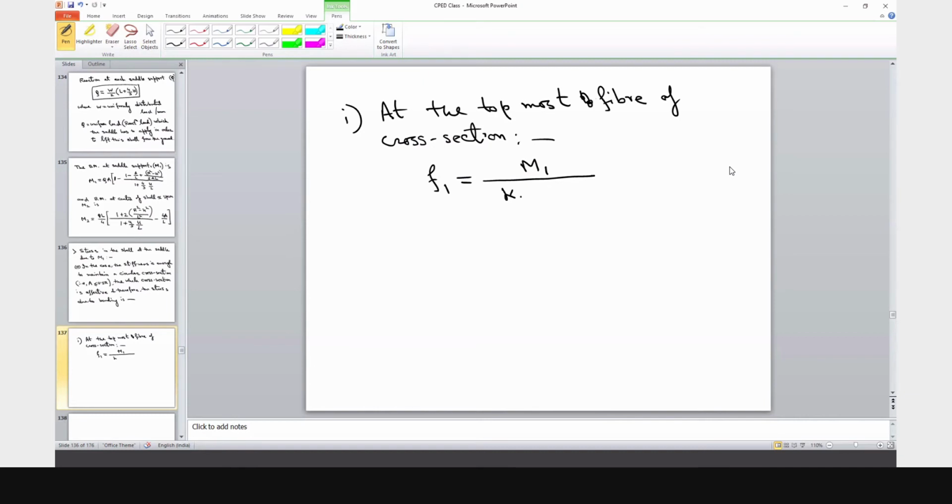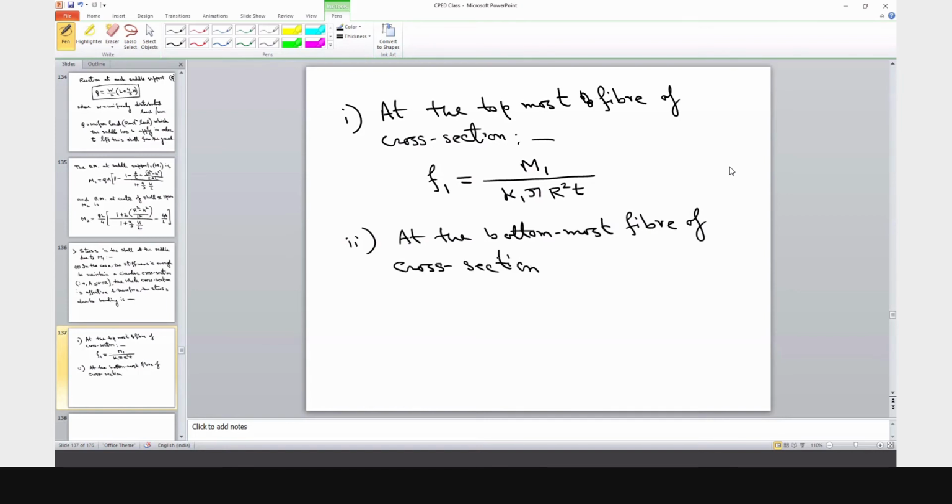F1 equal to M1 by K1 pi r square t, and at the bottommost fiber of cross section, F2 equal to M2 by K2 pi r square into t.